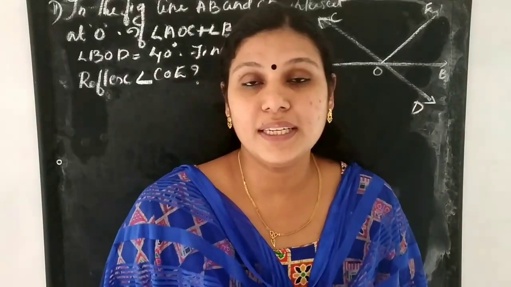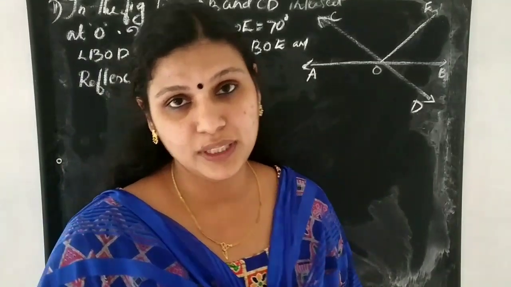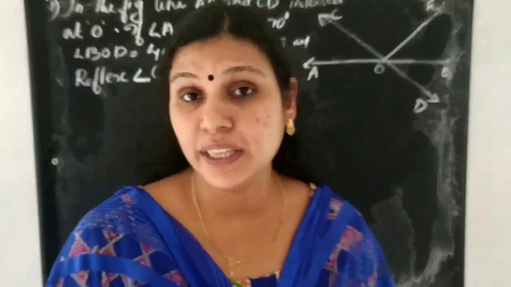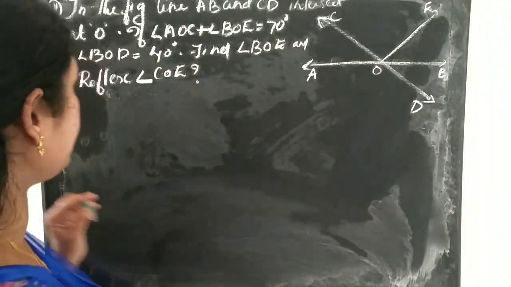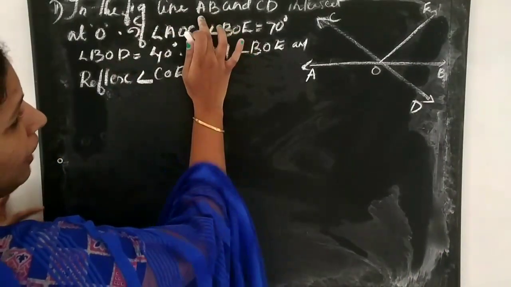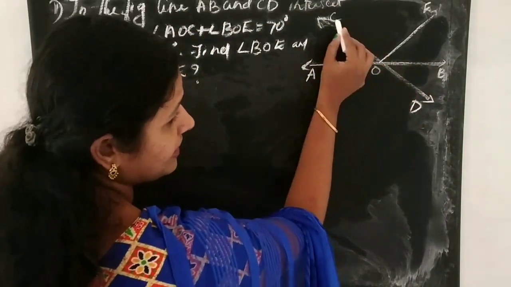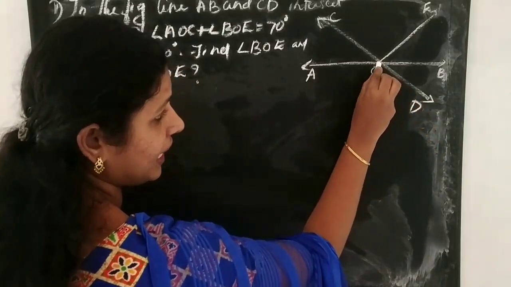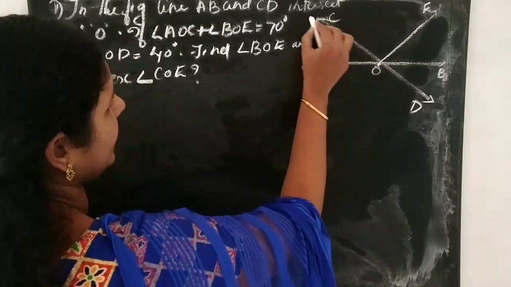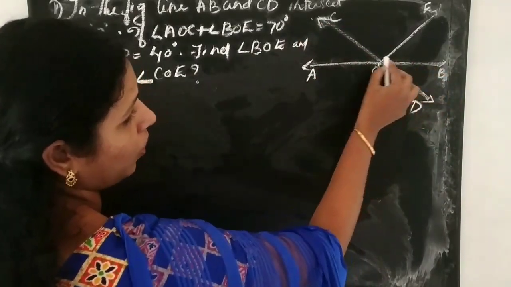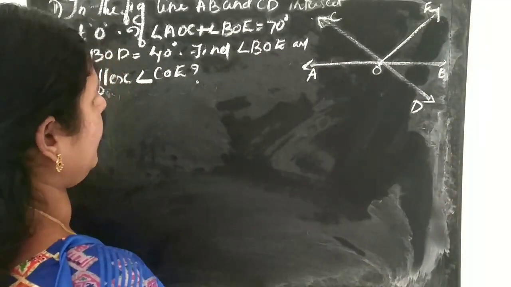Okay, children, now we are going to exercise 6.1. For that, a textbook is needed in front of you. The first one: in the figure, AB and CD intersect at O. Angle AOC plus angle BOE equals 70 degrees.